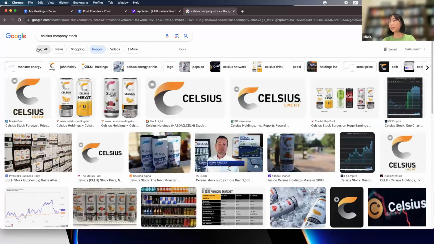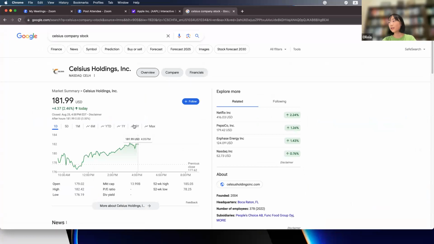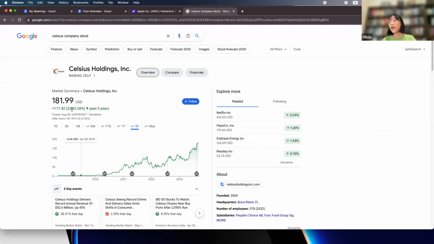And the stock turned out to be really good. It increased 3,882.28% over the past 5 years. It went from $4.57 to right now around $200.